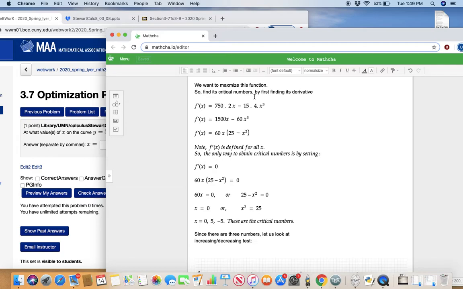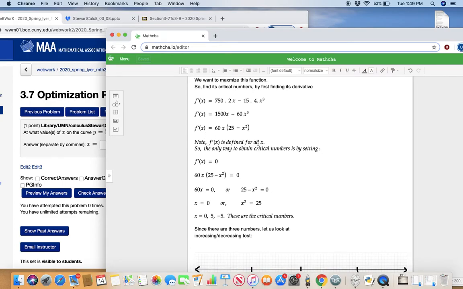I'm going to solve for f prime equals 0. So let's factor this. 60x is a common factor. 60 times 25 is 1500. You can check. So 25 inside minus, I got 60 and an x out. So what's left? x to the power 2 is left.